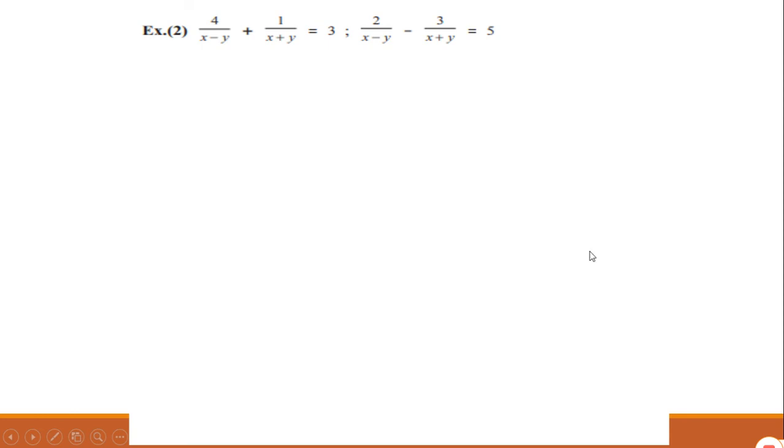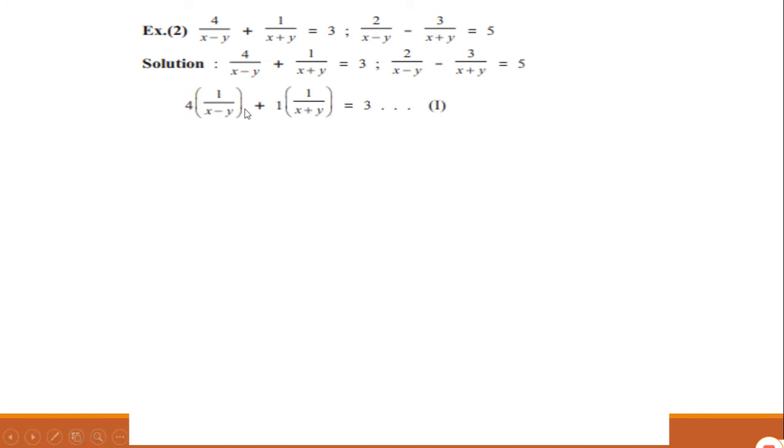This is the second example. Here, separate the coefficients like this. 4 into bracket 1 upon x minus y plus 1 into bracket 1 upon x plus y equal to 3. This is the first equation. For second equation, 2 into bracket 1 upon x minus y minus 3 into bracket 1 upon x plus y equal to 5.